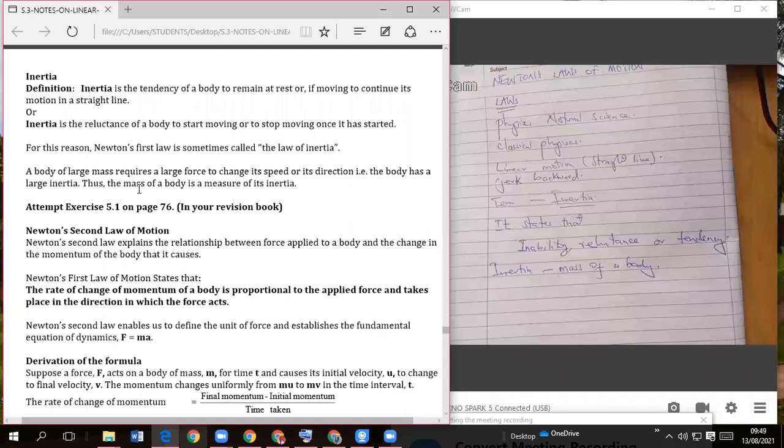Are you together? And that also explains why heavy trucks, if they are moving at very high speed, are very hard to stop. It's very hard to apply a brake. Have you seen that?